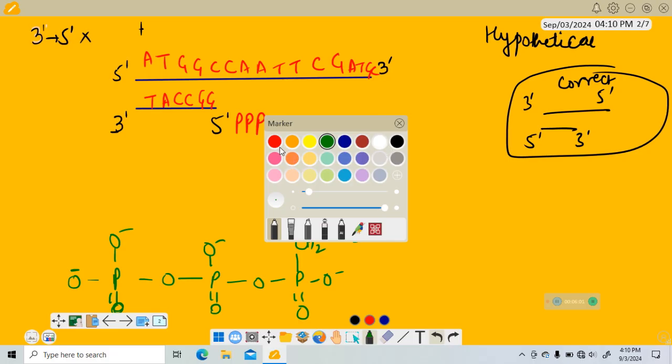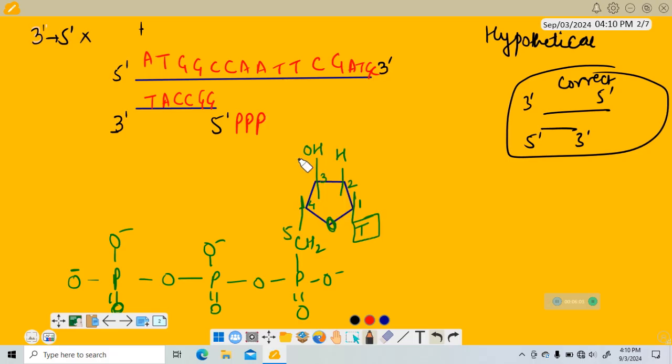Now what happens, let's say, because the 3' group attacks, here we have a lone pair. Now this will attack the 5' phosphate. Now what will happen?